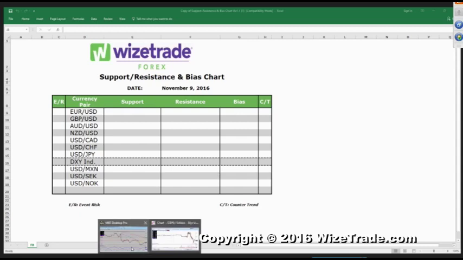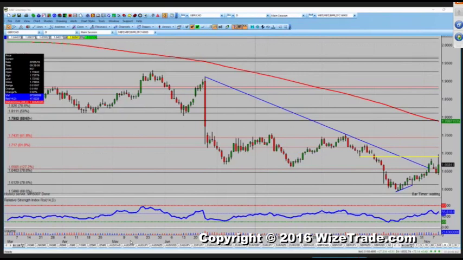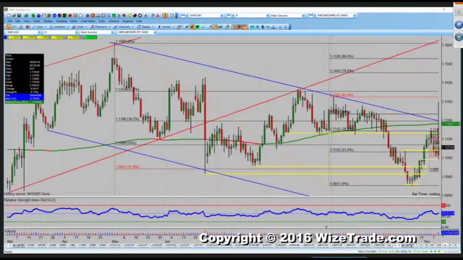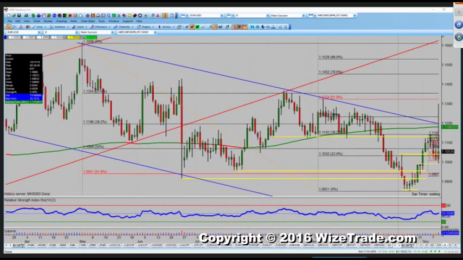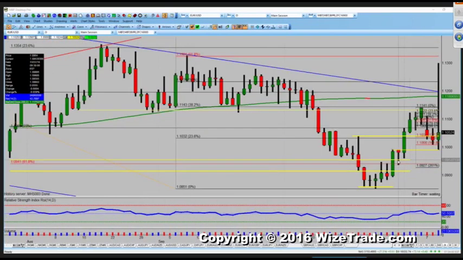Okay, so here's the euro. Now with a wick that looks like that, it's hard to know exactly where our prices are.